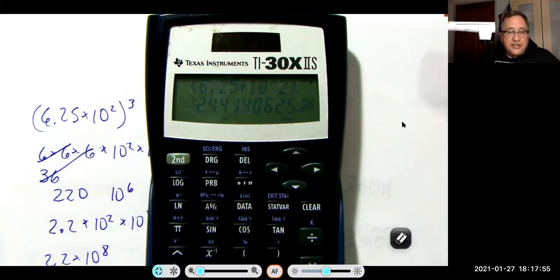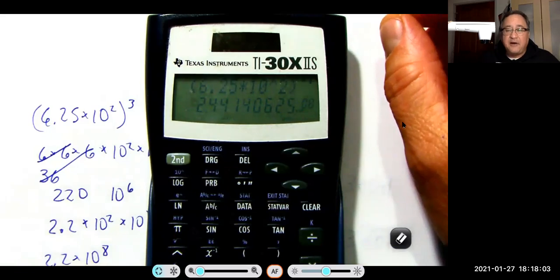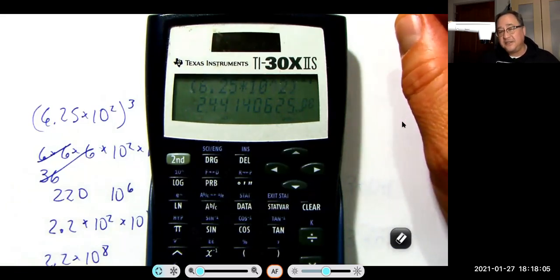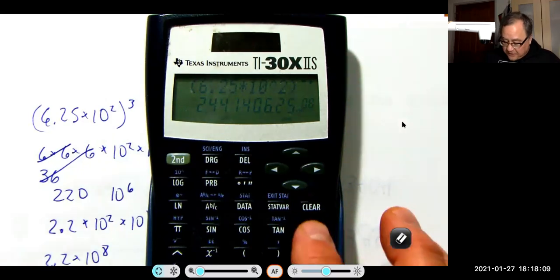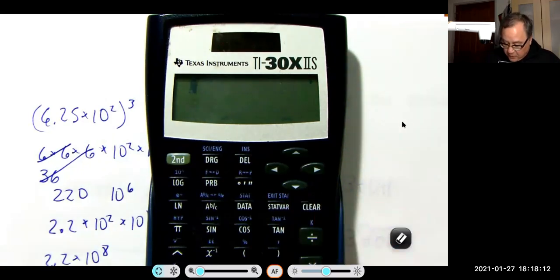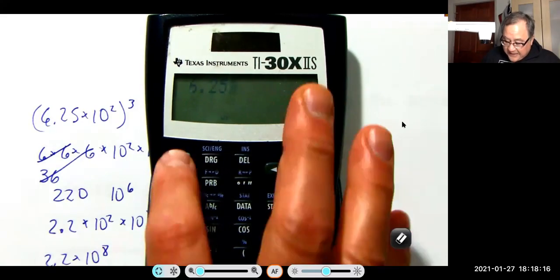So what I'm trying to teach you here is that if you use that EE button, it puts parentheses around that automatically. Plus, you don't have to write 10 to caret 2. You can just write E2. So I'm going to show you the scientific, or the EE button again. 6.25 second EE2.